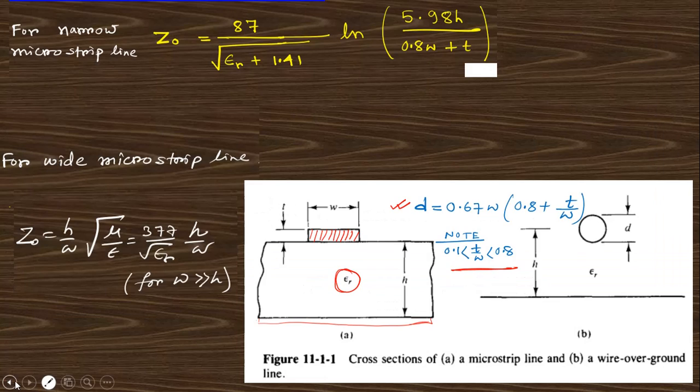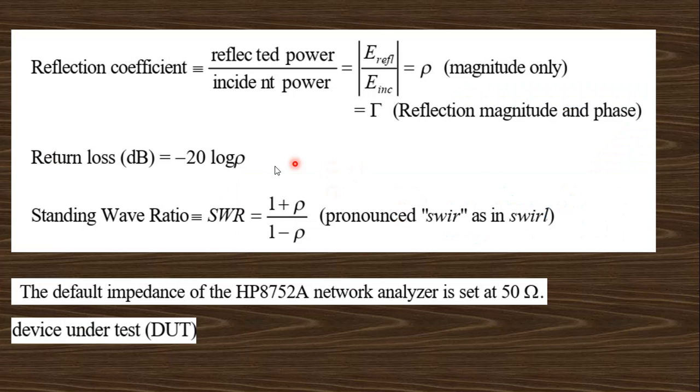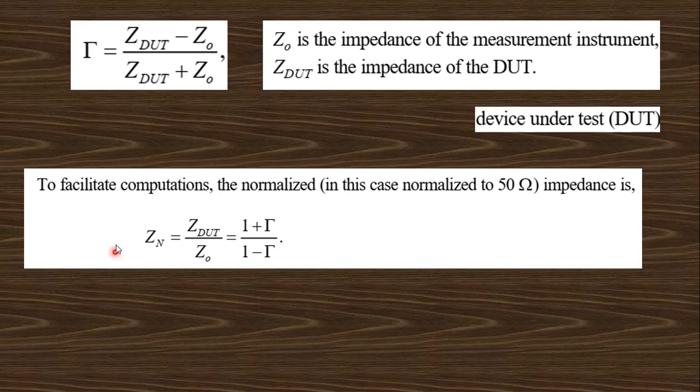So in case of a microstrip line, we can find the reflection coefficient, or return loss, or the standing wave ratio. Return loss and insertion loss are related, so finding only one is enough. This instrument can be used to determine this, and the reflection coefficient is (z minus z0) by (z plus z0), this expression already discussed.